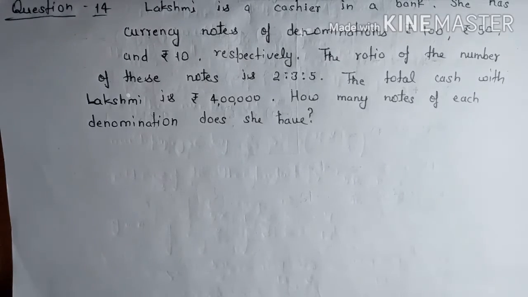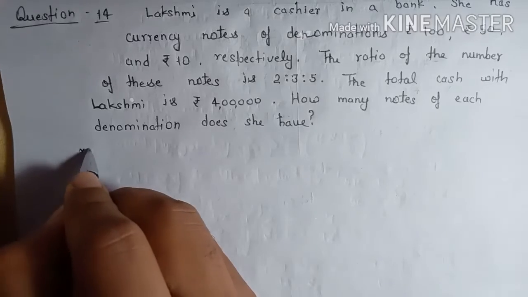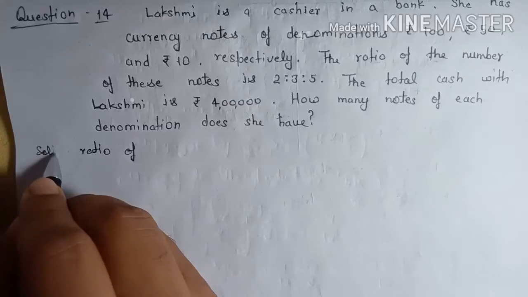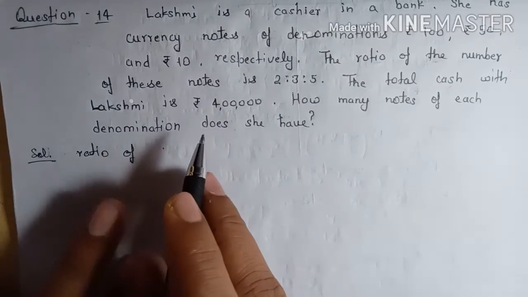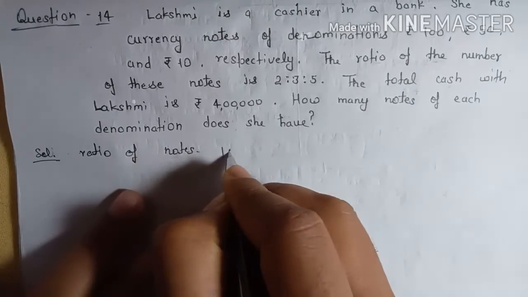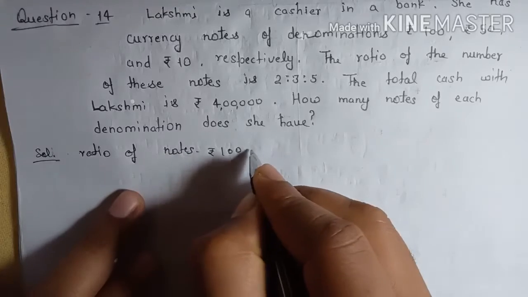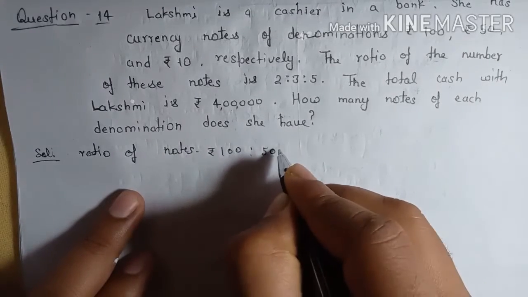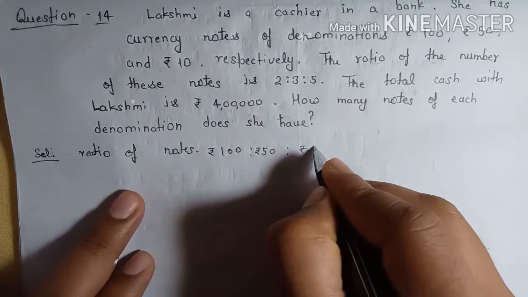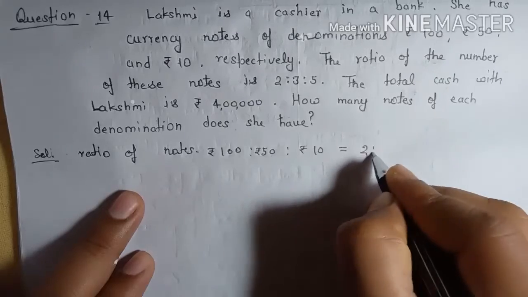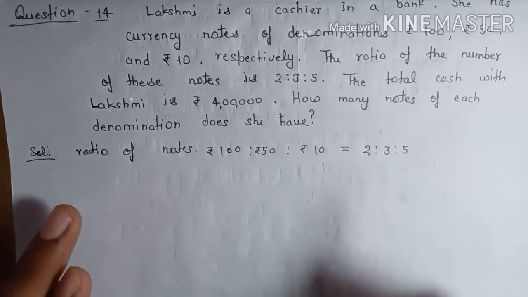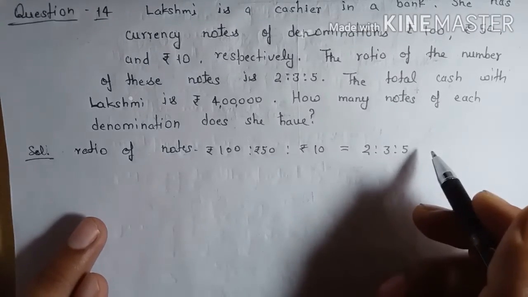From this question it is given that, this is the solution, okay, ratio of denomination of notes of 100 rupees, 50 rupees or rupees 10 is what? 2, 3, 5. Same thing, we have eliminated here x as a common factor.